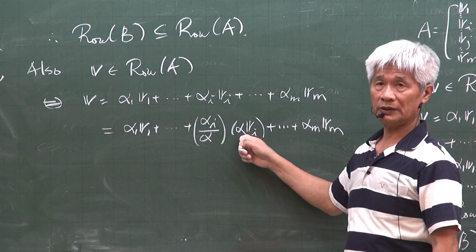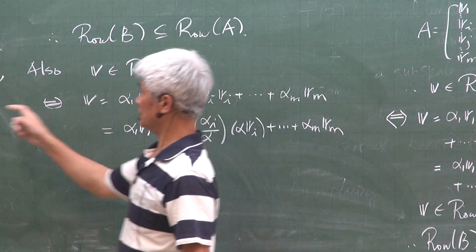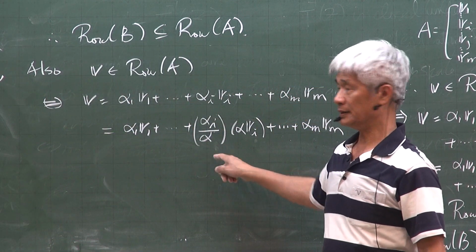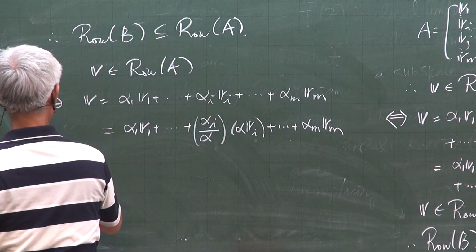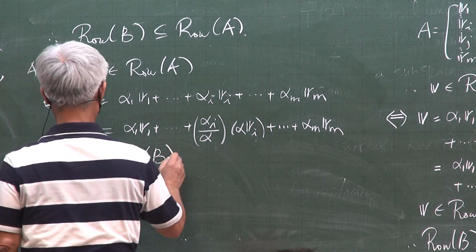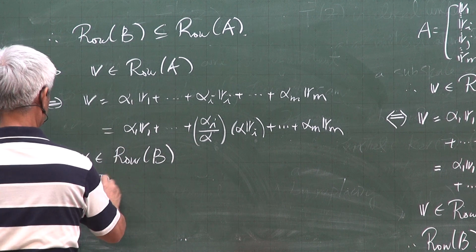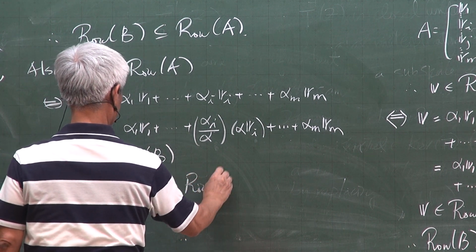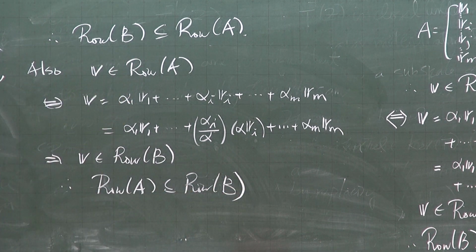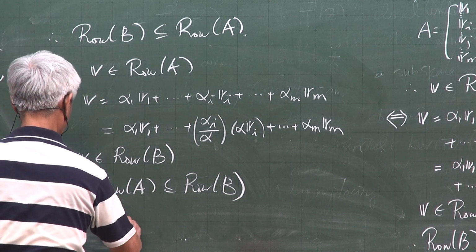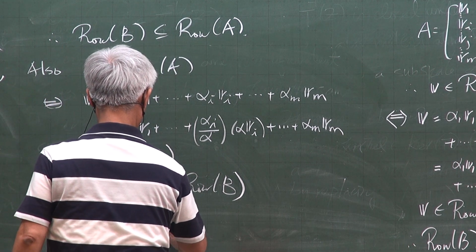Now this row becomes the ith row of B, and again it's a scalar. So this implies that V is in the row space of B, so the row space of A is contained in the row space of B. Right? And then we have this one and this one. So again, the row space of A is equal to the row space of B.